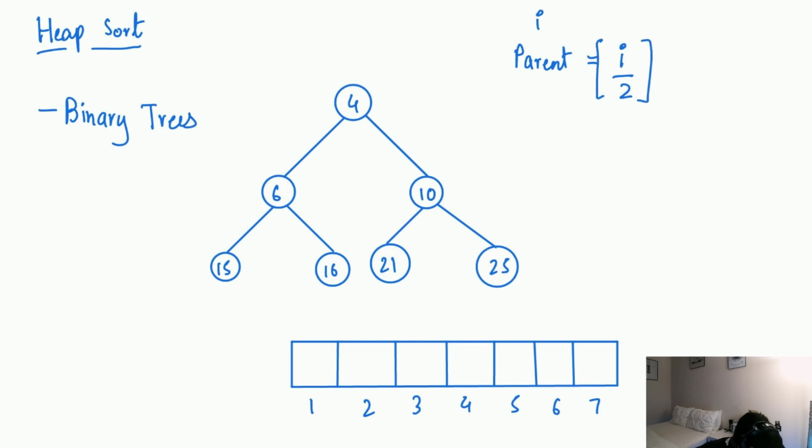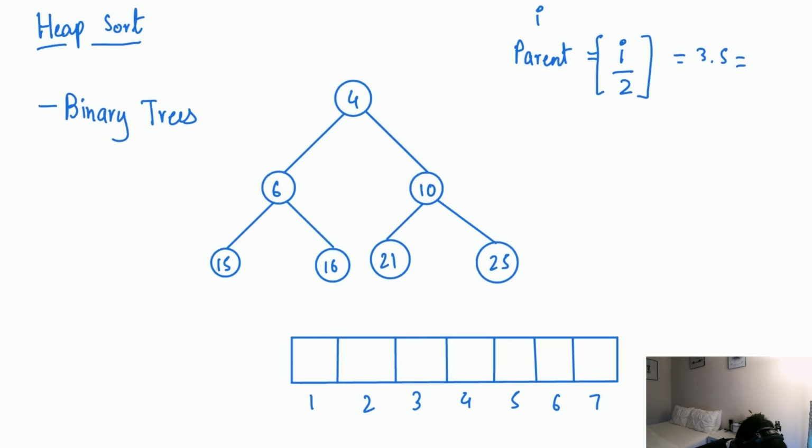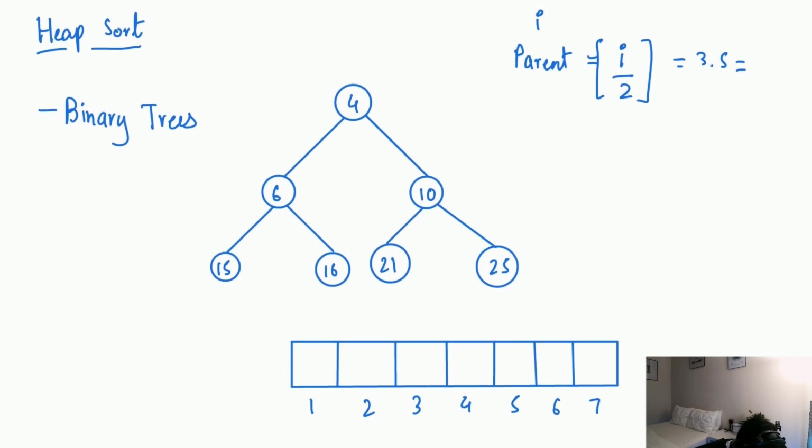If this is a value like 3.5, we consider the floor value of 3. The other property that we need to follow is that the left child for a particular index will lie at 2 into I, and the right child for that node is going to lie at 2 into I plus 1.